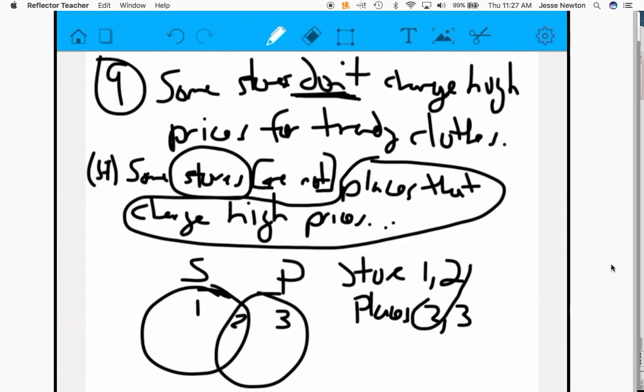So what we do is we notice the region of overlap, and then we just scribble that out. And what we're saying is, look at this, are not. So it's not in 2. So what's left? 1. So that's how we show that. Some stores are not places that charge high prices for trendy clothing. So that's how we put the sentence into standard form and then diagram it.